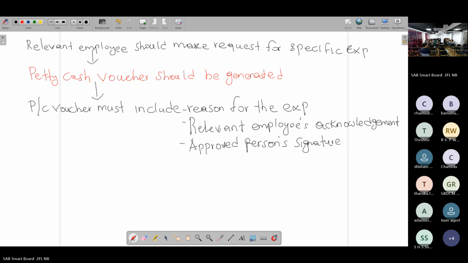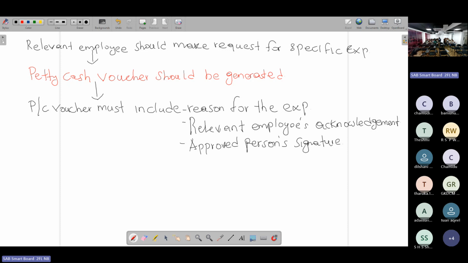Which means once he requests, the petty cash voucher should be generated, raised, and it must include the relevant reason for the expenses. Once the relevant employee receives the money, he should acknowledge that he has received it.